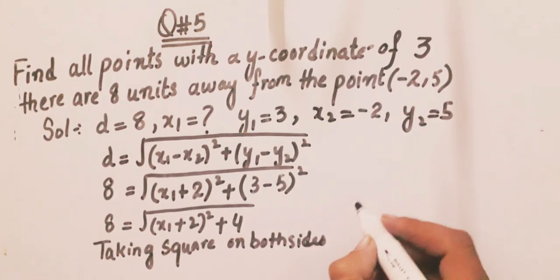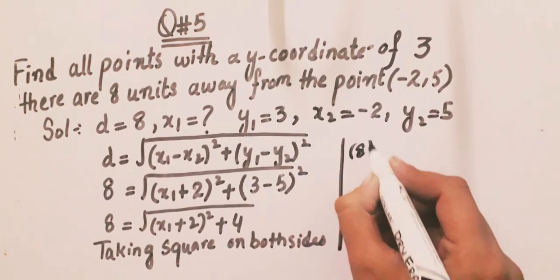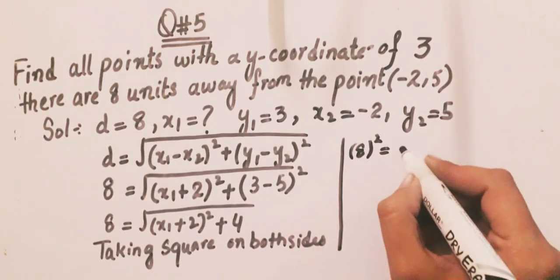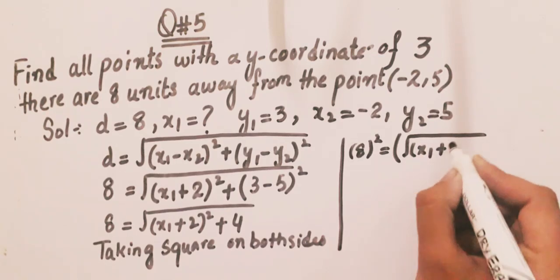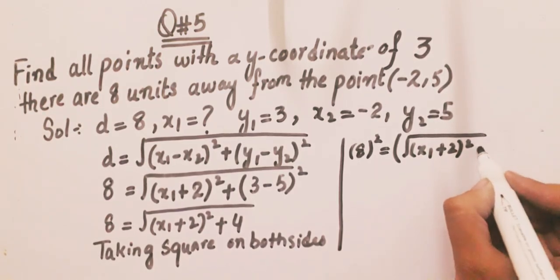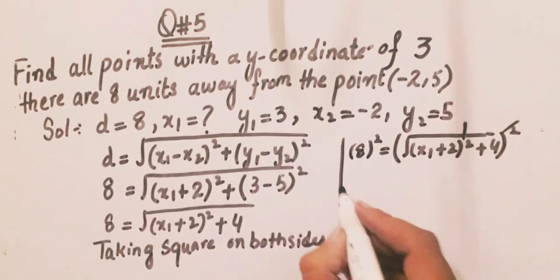So we have 8 square which is equal to x1 plus 2 square plus 4. So this square will be cancelled out by this square root.